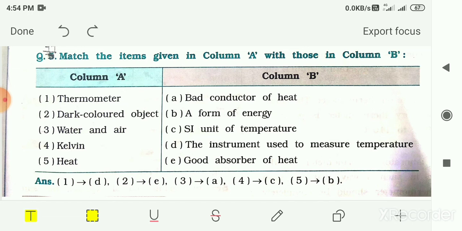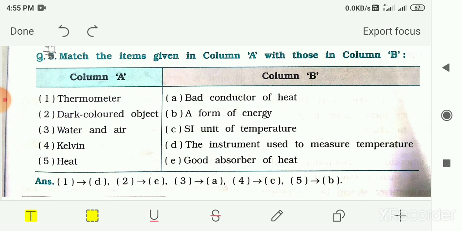Those kinds of materials are known as the conductors of heat. And the materials which do not allow heat to pass through them easily are called insulators. And dark color objects absorb more heat than the light color objects, and that is the reason we feel more comfortable in light color clothes in the summer season.